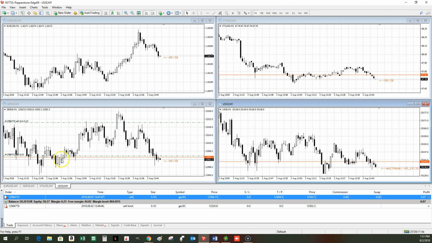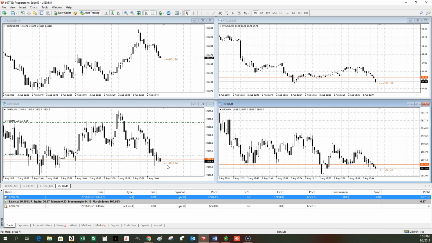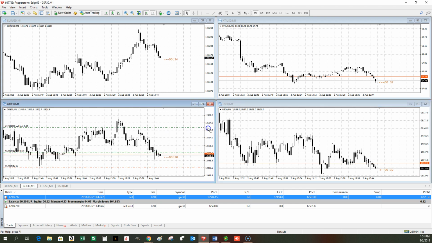Maybe we're gonna break this support. Okay, the market is not moving much. Let's see. Euro dollar is going down.